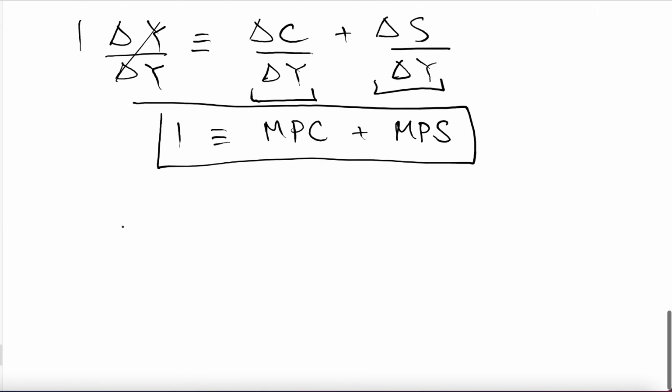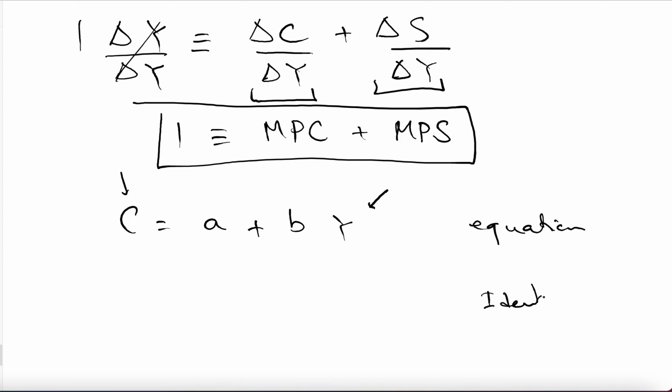When I say C equals A plus BY, this is an equation, so you have to give the values and I determine this. But the identity is like the first law of thermodynamics, always true. Y is always either consumed or saved, irrespective of the numbers.